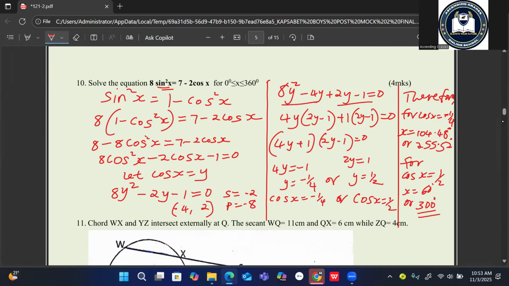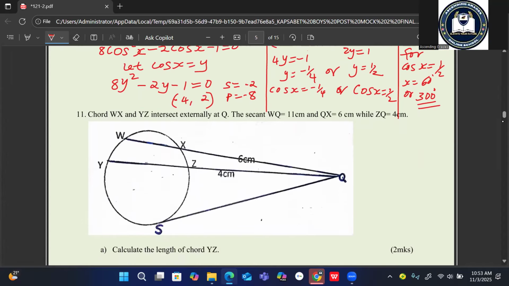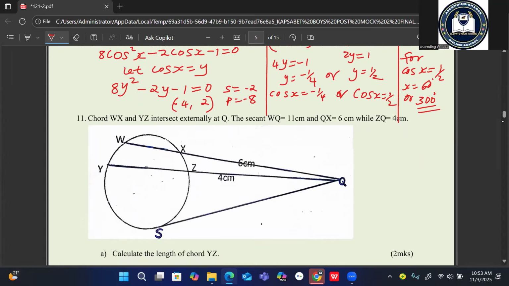Chords WX and YZ intersect externally at Q. The length WQ is equal to 11 centimeters and QX is equal to 6 centimeters, while ZQ is 4 centimeters. We are told to calculate the length of chord YZ.